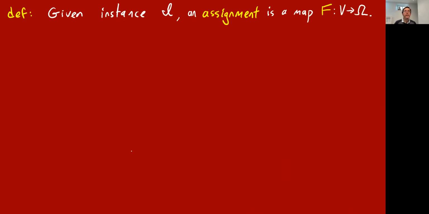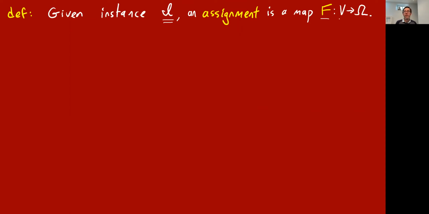Okay, so this is a bunch of CSPs. And, okay, what are you trying to do with the CSP? Given an instance I, this is my weird capital cursive I, you're trying to come up with an assignment. What is an assignment?